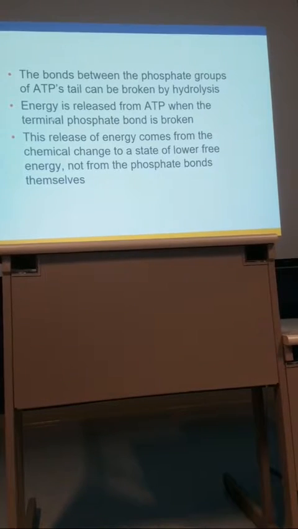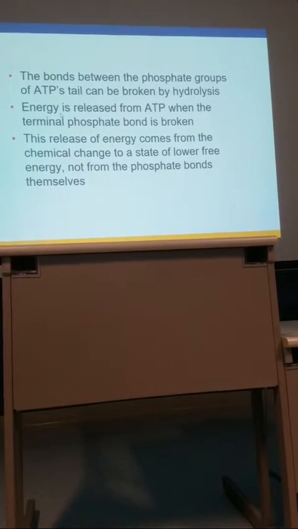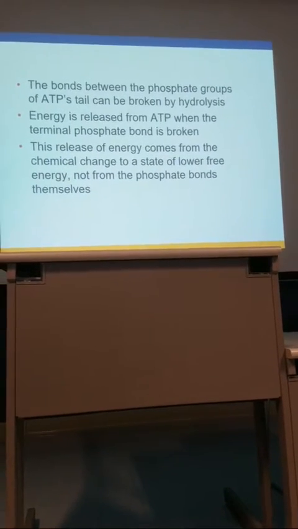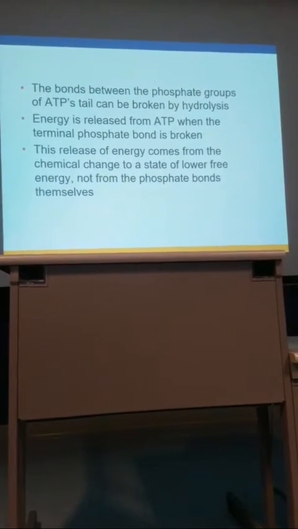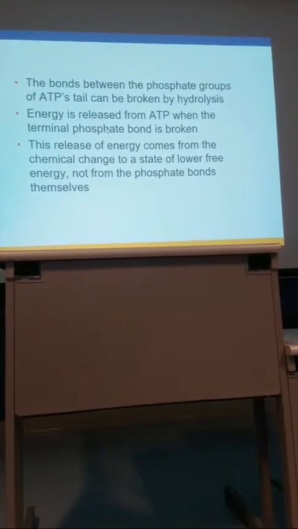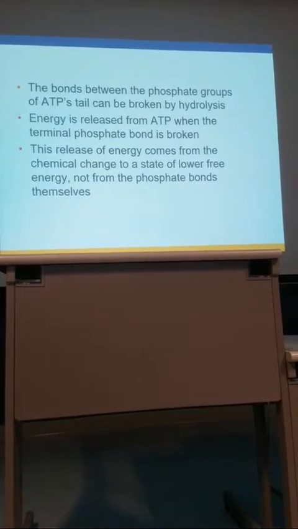And hopefully everybody knows that energy is going to be released whenever that last, the terminal phosphate, is released from ATP. That release of that phosphate releases the bonding energy that was required to attach it to ATP.